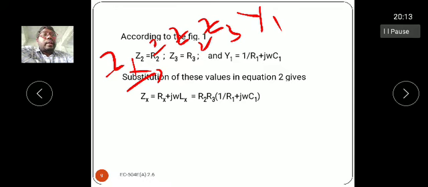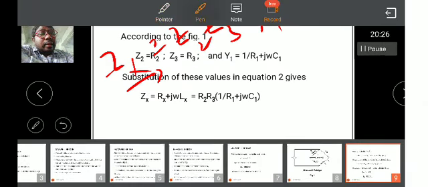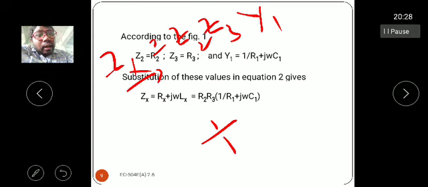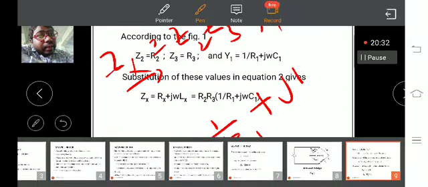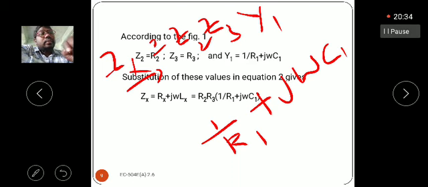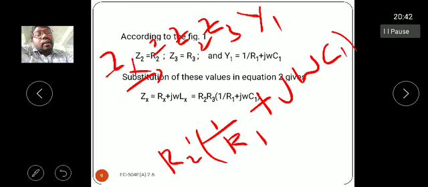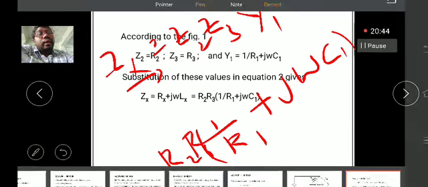Y1 is equal to 1 by R1 plus j omega C1. Here j omega C1 is the numerator part, not the denominator. Clearly observe, it is 1 by R1 plus j omega C1, multiplied with R2 and R3.